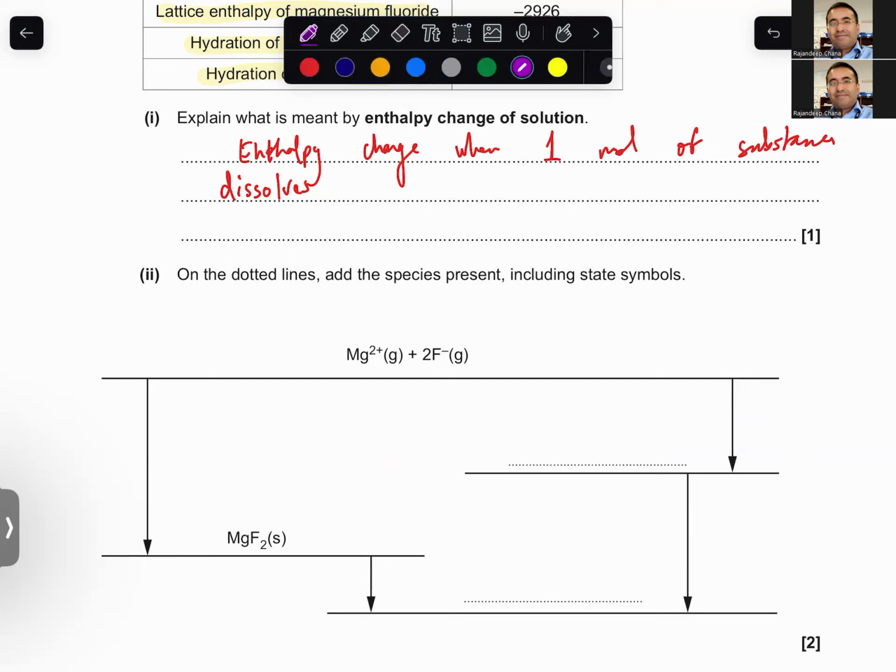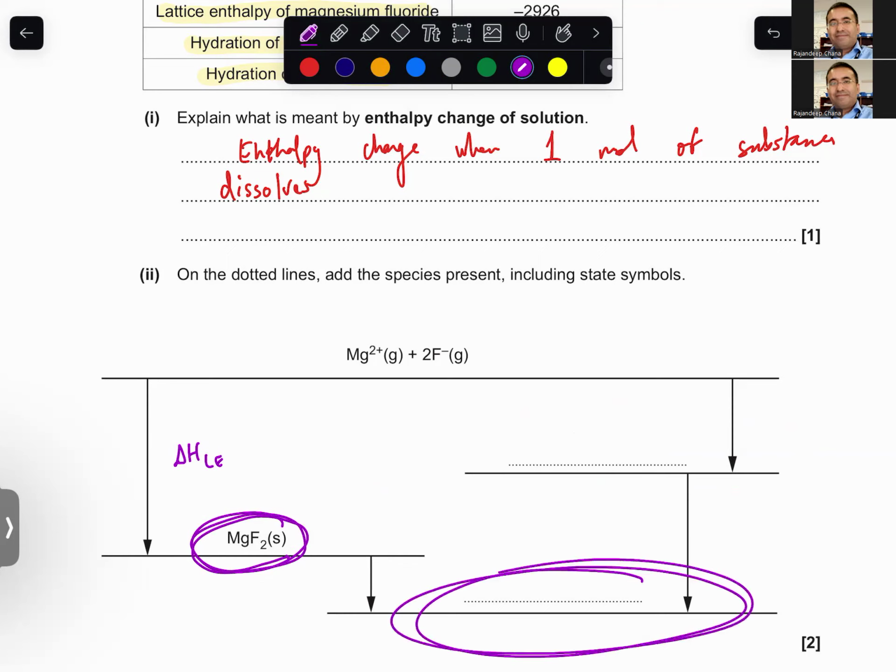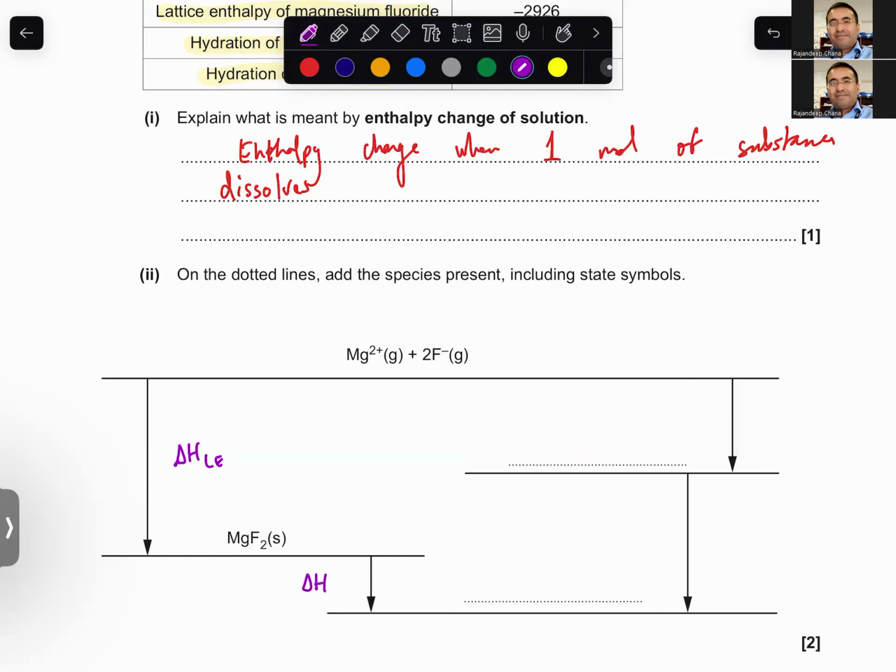Lattice enthalpy is already done there. If that's your lattice enthalpy, what you've got here is a solid that we're going to dissolve in a solution, and that's going to give you aqueous ions. This must be your enthalpy change of solution. This will give you Mg2+, which is aqueous, and 2 fluoride ions, which is also aqueous.